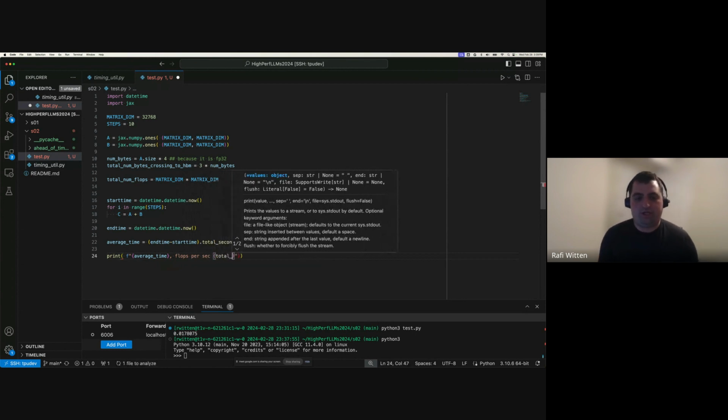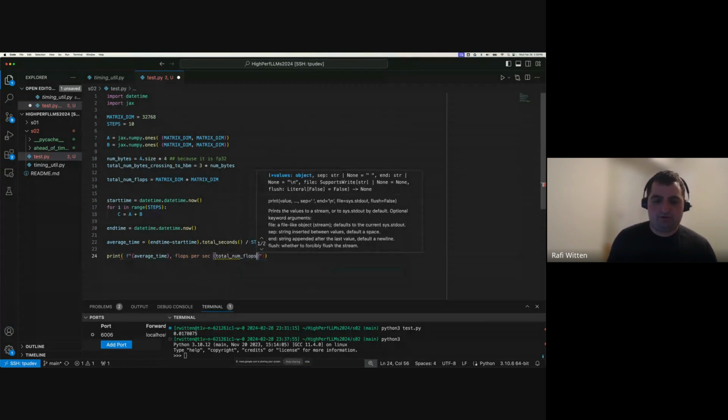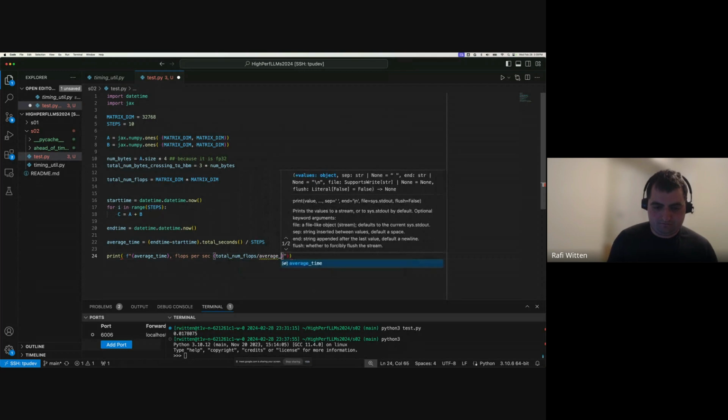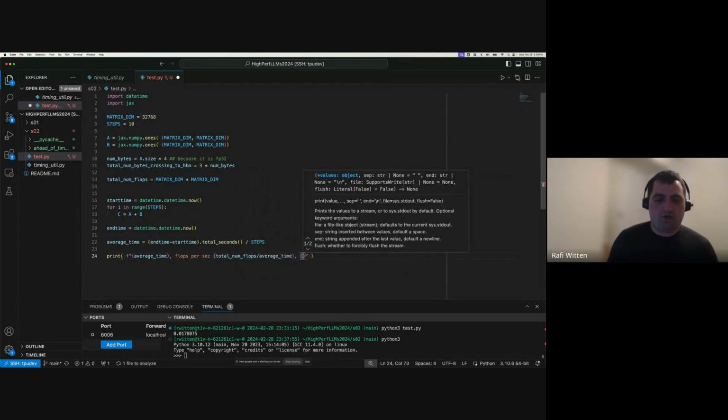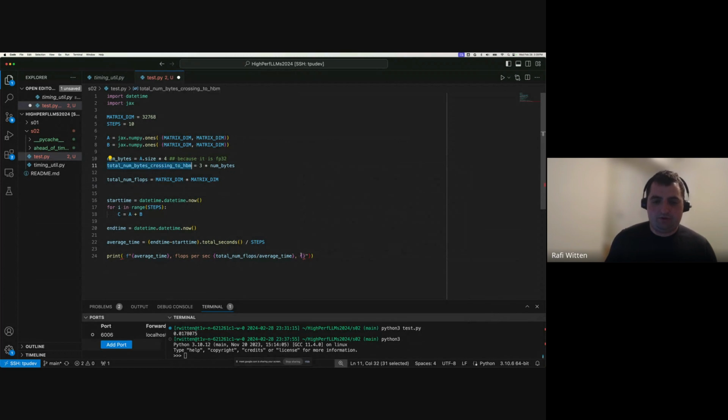And that's going to be total num flops over the time it took. And then we're also going to have total num flops crossing to HBM divided by average time. So this is bytes per second. Cool. And we'll run this.